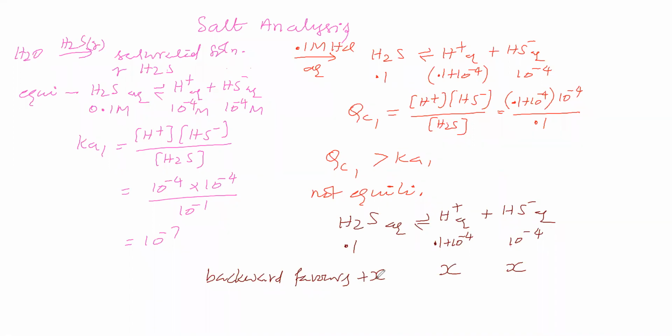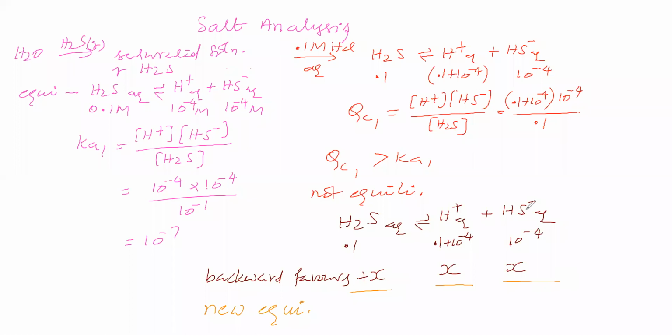Sir, why does backward favor? In order to attain a new equilibrium. The system is trying to attain a new equilibrium, therefore it favored backward. Now the new equilibrium is attained.